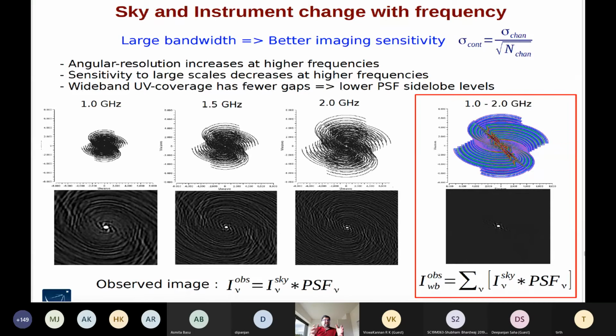There are ways to tackle large bandwidth data, because you cannot ignore a couple of more intricacies. When we're talking about interferometers like SKA, or even the upgraded GMRT, which has a wider bandwidth, the multi-frequency synthesis algorithms are much required to process the data over a wide bandwidth.